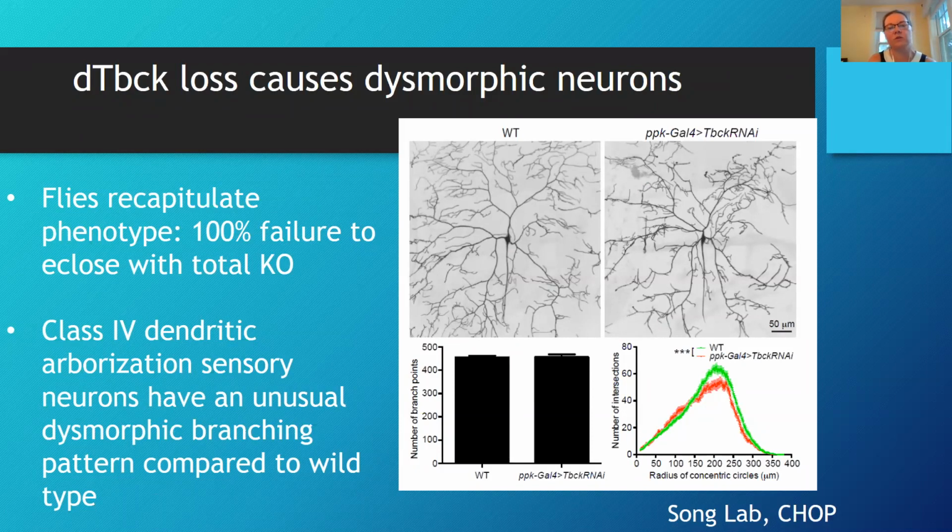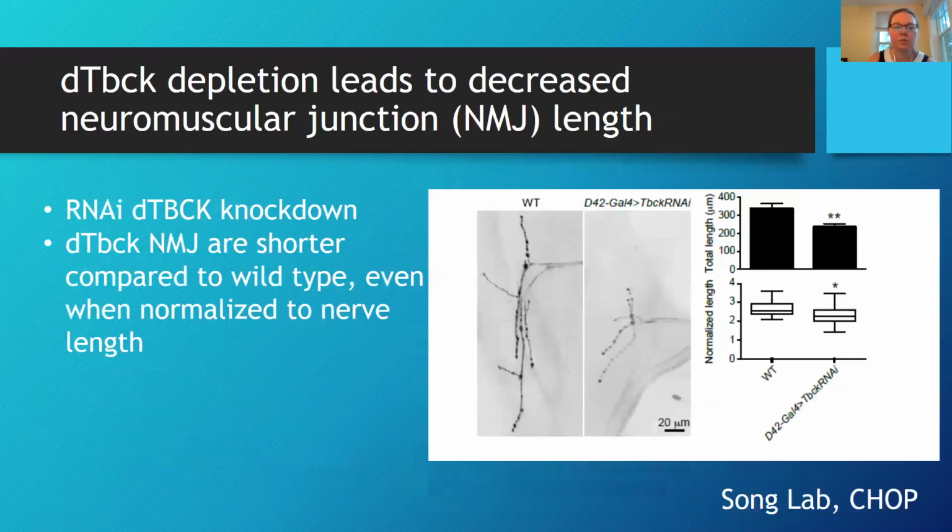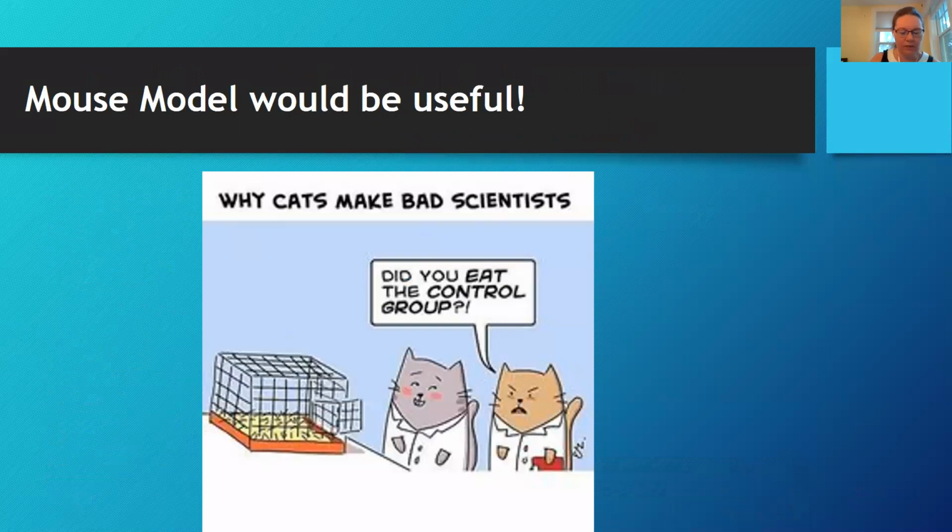And so this was the first direct proof that this was having an effect directly on neurons and wasn't, say, a metabolic disorder that was just causing this brain difference, something like you'd expect, like OTC disorder, where it actually affects a different tissue, but you see secondary brain dysfunction. We also saw a significantly decreased neuromuscular junction length in those flies. But really, then we got as far as we could go with the fly model.